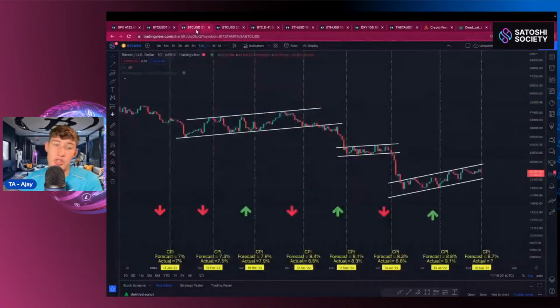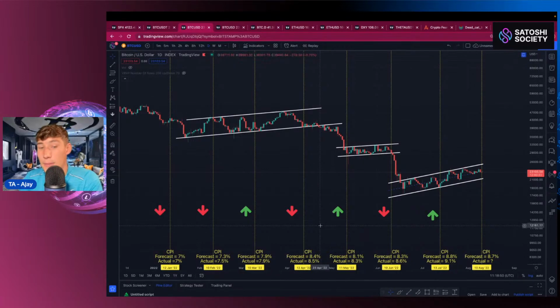And as you can see, this chart here, we've only ever forecasted it perfectly, I think, only twice before. Previously, you can see that we forecasted on the 10th of February 7.3, but we came out 7.5. On the 12th of April, we forecasted 8.4.